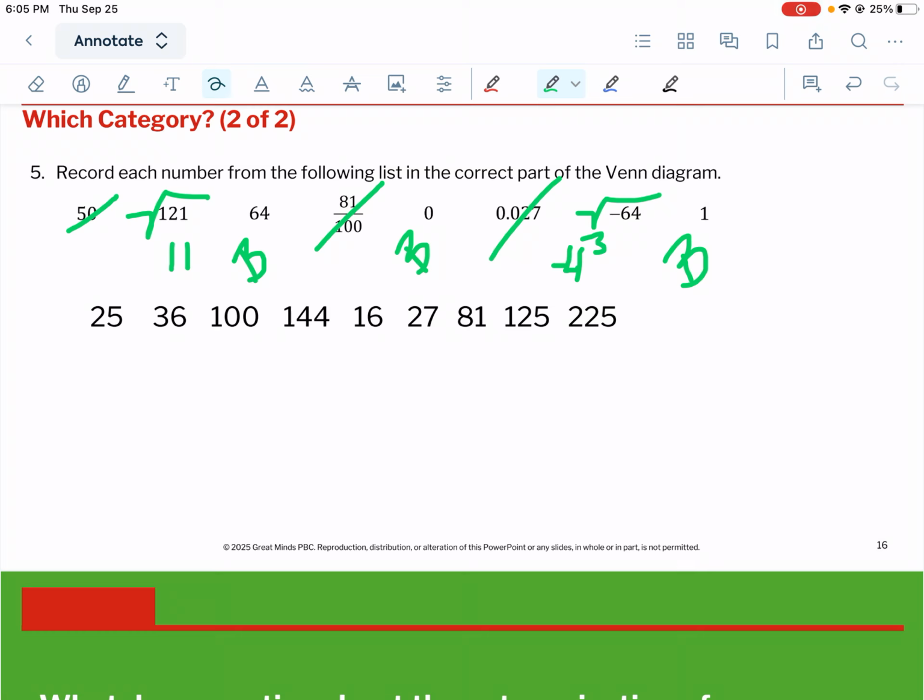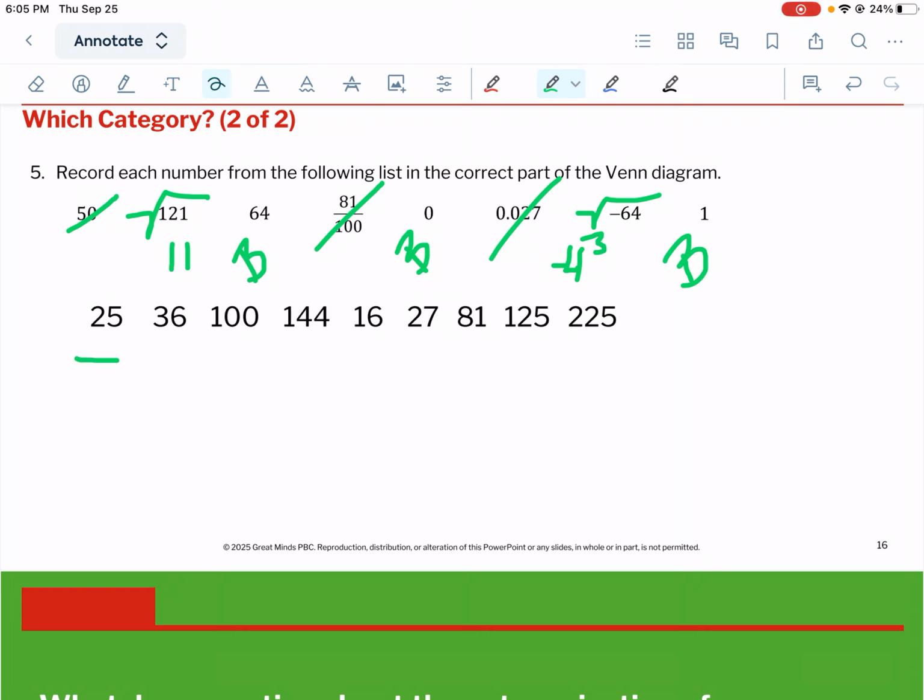If I did positive 8 squared, that'll give me positive 64. See where I'm going with this? So negative 64 may qualify as a perfect cube value, but negative 64 is not a perfect square value, though. Okay? Be mindful of the signs.